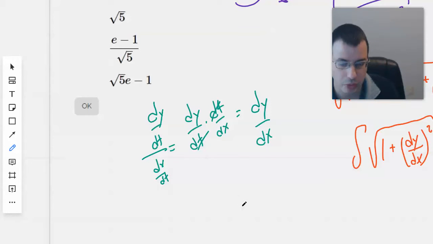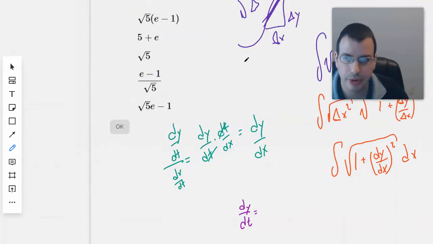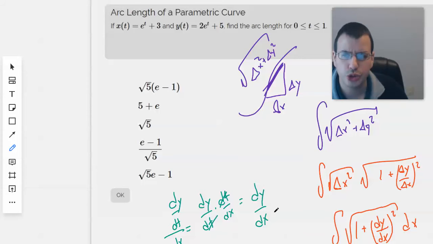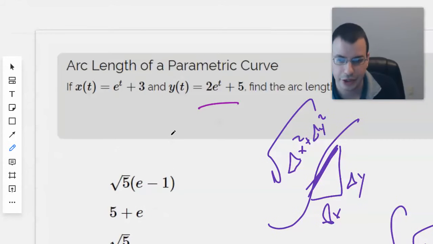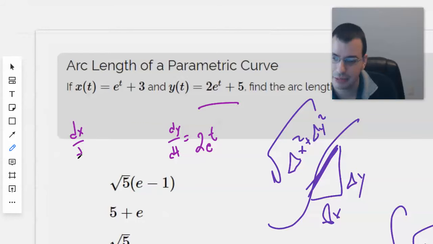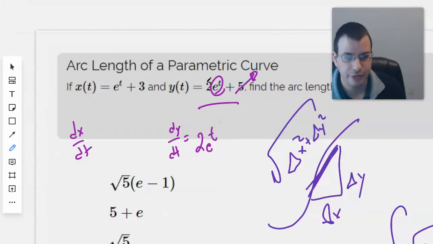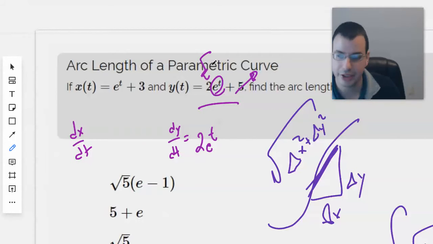All right, so dy dt equals the derivative of 2e to the t plus 5. dy dt equals 2e to the t, because the 5 goes away with the derivative. dx dt: e to the t stays e to the t, and then the 2 is a constant, and it just stays the way it is. dx dt goes to e to the t.